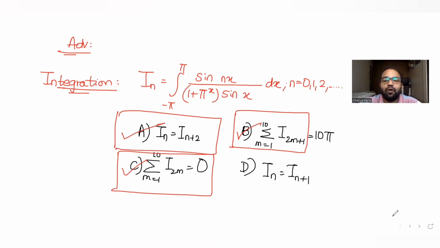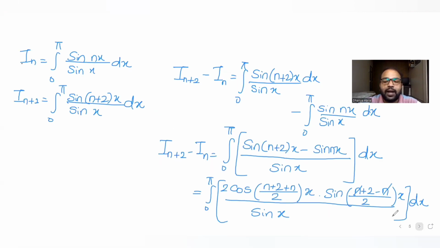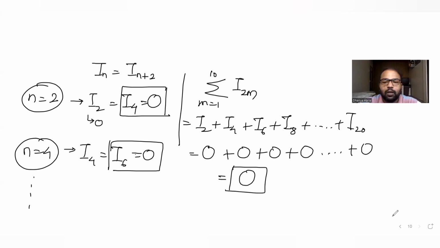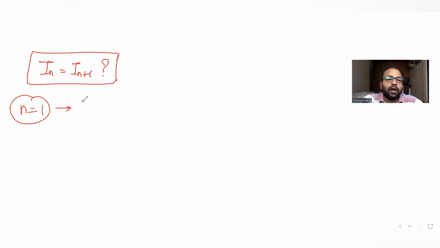Now let's check for the D option. It's told us In should be equal to In plus 1. So let's check whether In and In plus 1 are equal to each other. So if I put n as 1, this gives me I1 and I2.